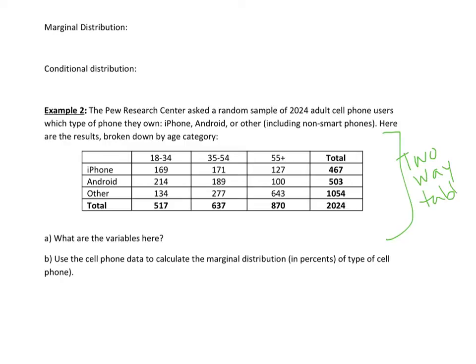A two-way table is going to have two categorical variables. Our two categorical variables, I'm going to answer question A for you, are age and cell phone type.